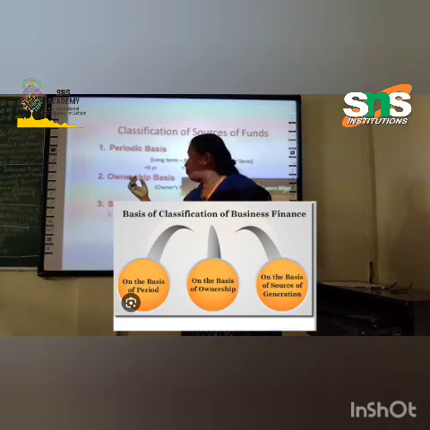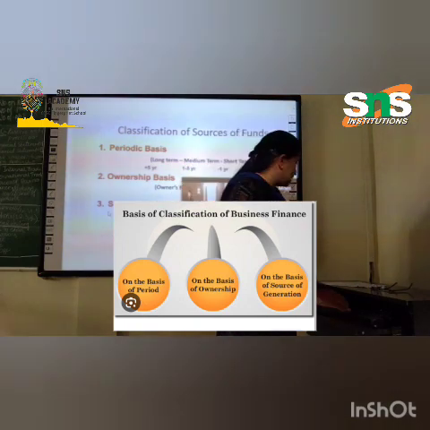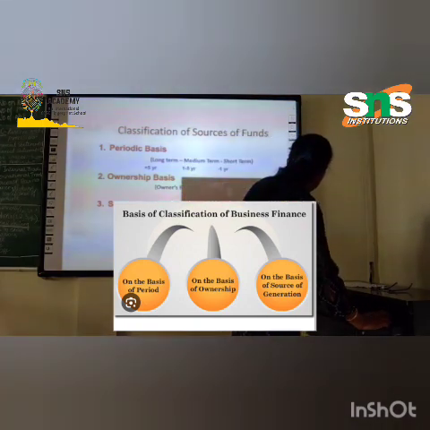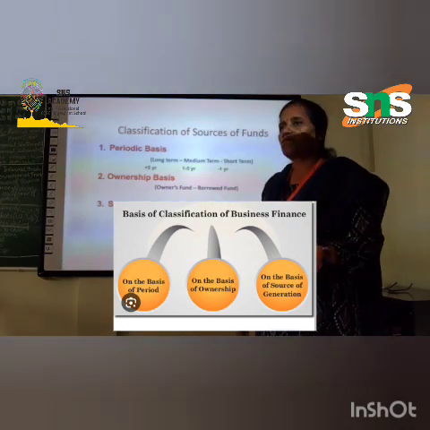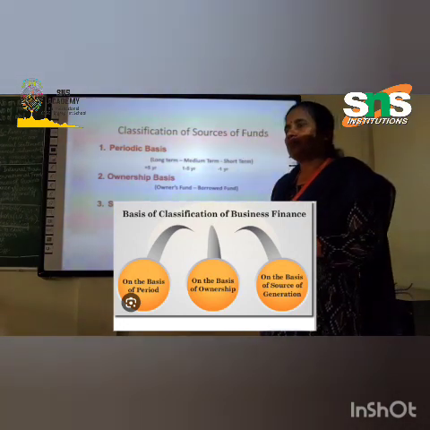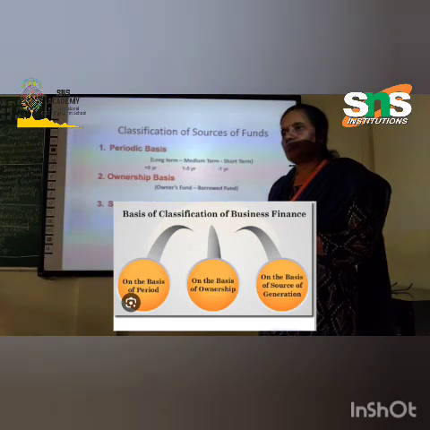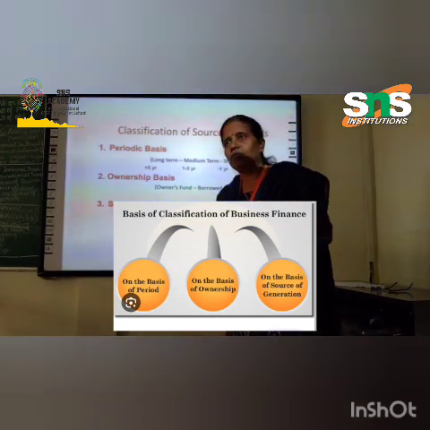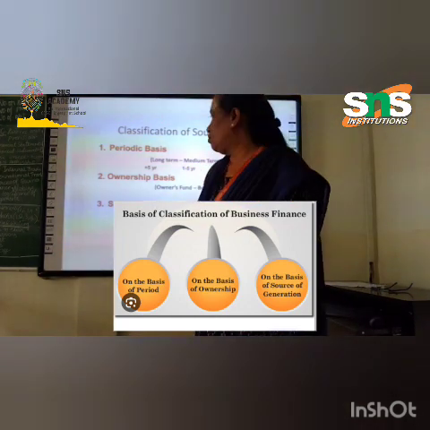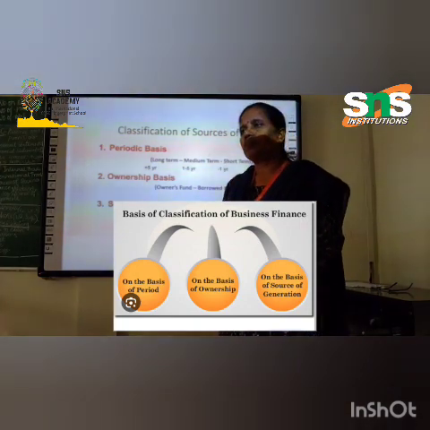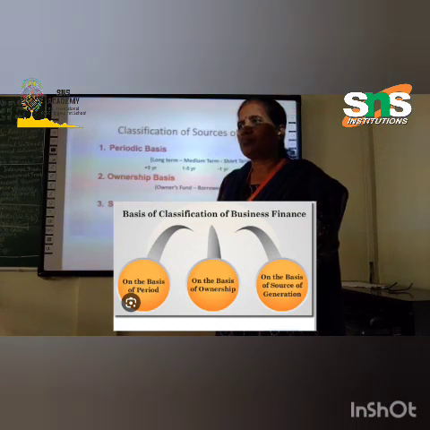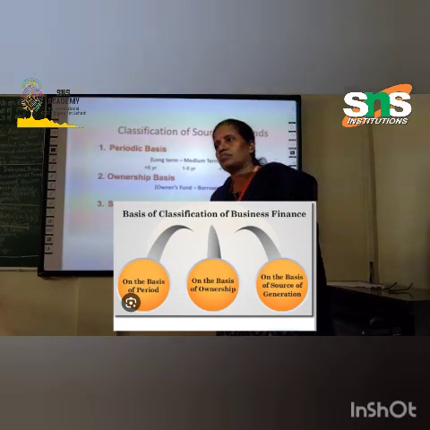Next, the ownership basis. There are two types of ownership basis classifications: owner's fund and borrowed fund. Owner's fund is provided by the owner of the enterprise, which may be a sole trader or the partners of the company.